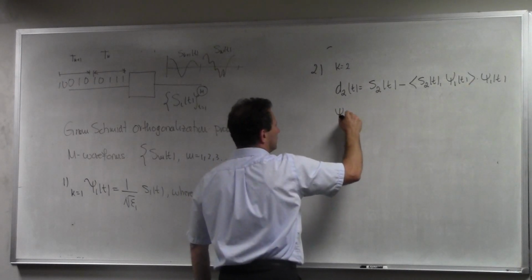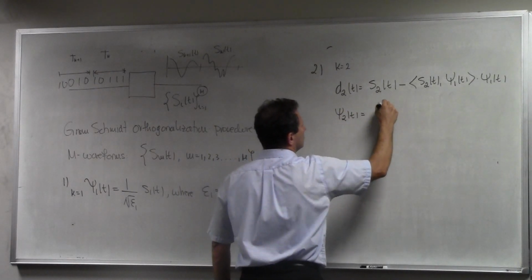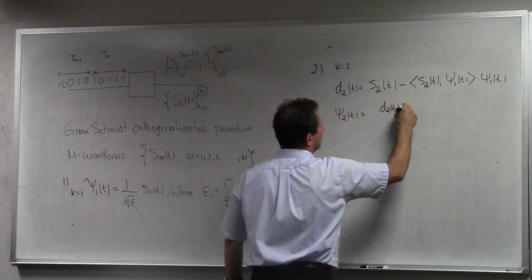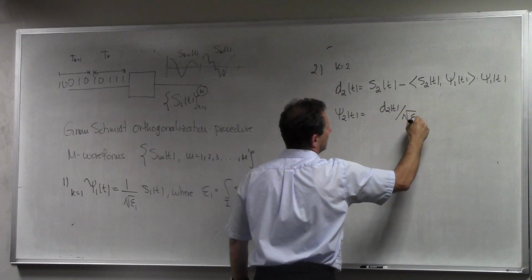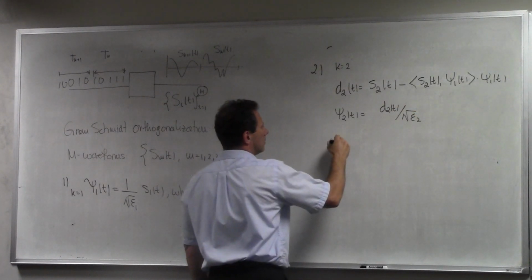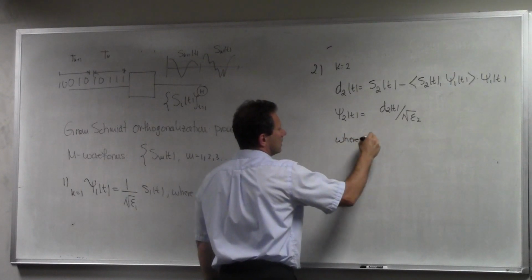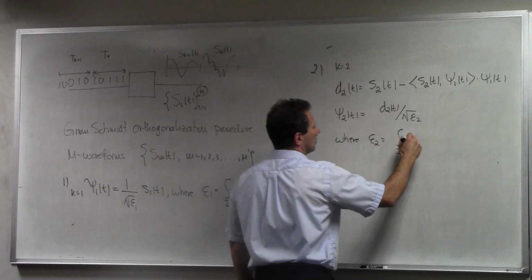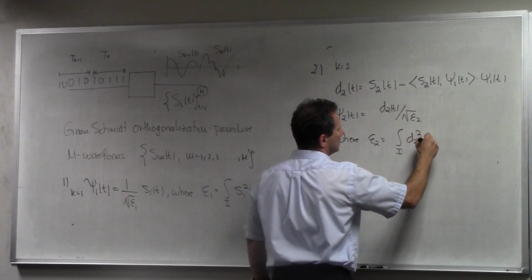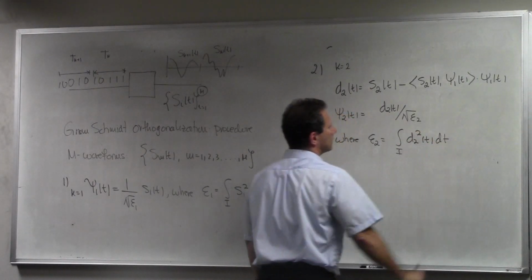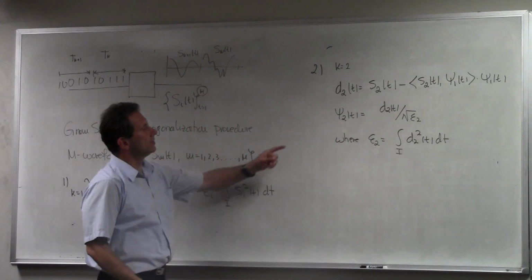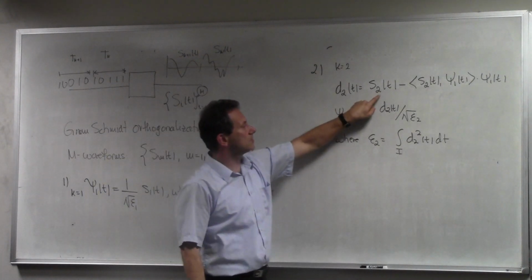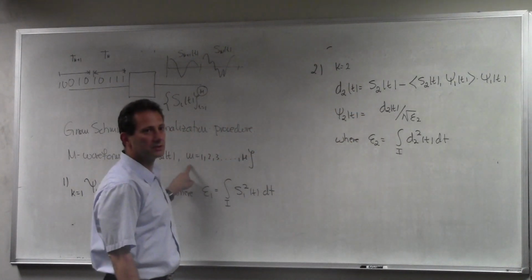And then psi_2(t) is going to be equal to d_2(t) divided by the square root of energy 2, where energy 2 is the integral of d_2 squared of t dt. So what is it that I'm doing here? I'm taking the next one out of this signal set.